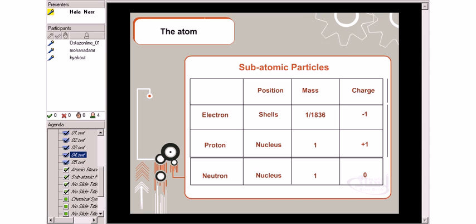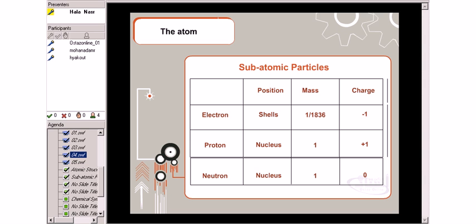Now, it's really important to know the position and the mass and the charge of these subparticles. The electrons, as we said, are found in the shells, and each energy level is known as a shell or energy level. The protons and neutrons are found inside the nucleus. Now let's have a look at the mass.